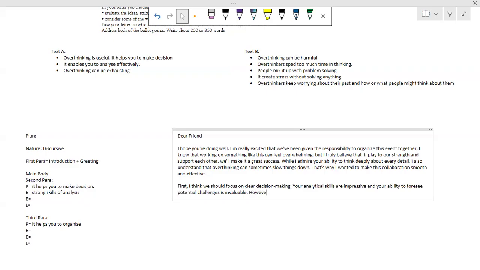However, as I have to maintain a balanced tone, I'm going to talk about the other stance side by side. However, to keep things moving forward, we should set time limits.